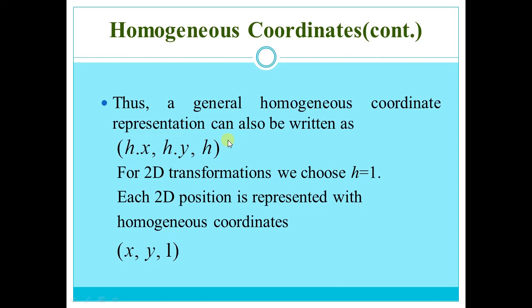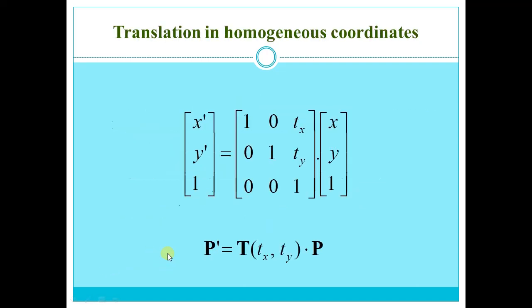Thus, a general homogeneous coordinate representation can also be written as h into x, h into y, and h. For 2D transformations, we choose h equal to 1. So we are going to discuss 2D transformation here, and we will choose h equal to 1. Each 2D position is represented with homogeneous coordinates like x, y, 1.